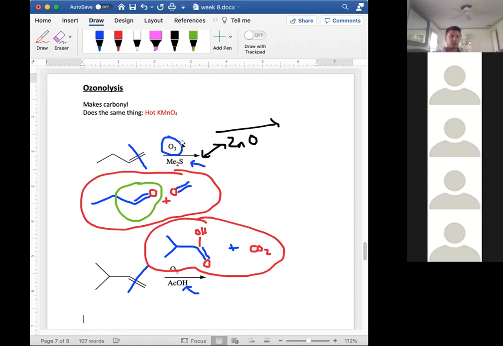So this ozone with this dimethyl, remember Me is just methyl, will be creating this aldehyde, doing the same exact thing. You're acting as if you're breaking that double bond in half and adding an oxygen. But because this reagent here, instead of being methyls, is oxidative, it's going to not only add an oxygen, it's going to add an OH, creating a carboxylic acid. That's the major difference between the two.